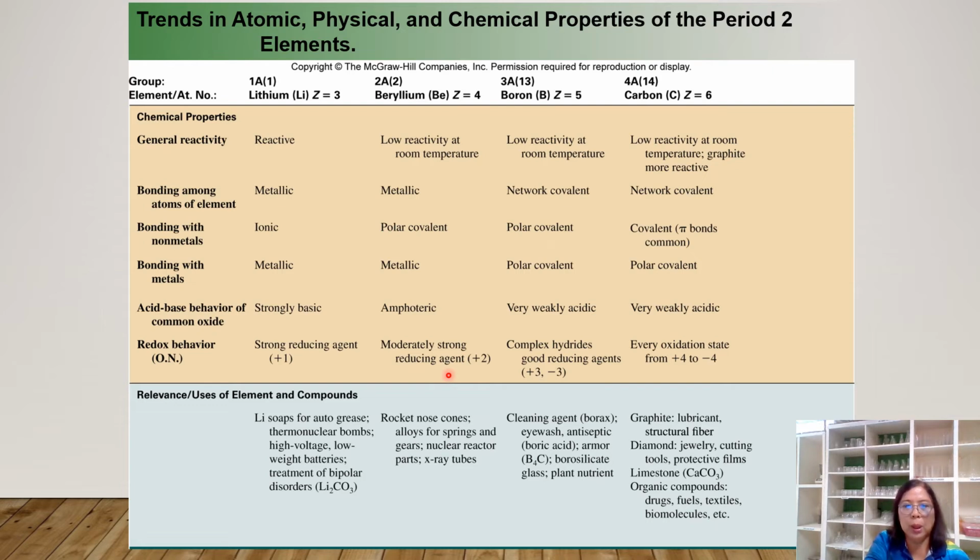So beryllium is weaker in terms of redox behavior. And then we have, sorry, complex hydrides and good reducing agents for the case of boron. In terms of carbon, of course, every oxidation state from +4 to -4.